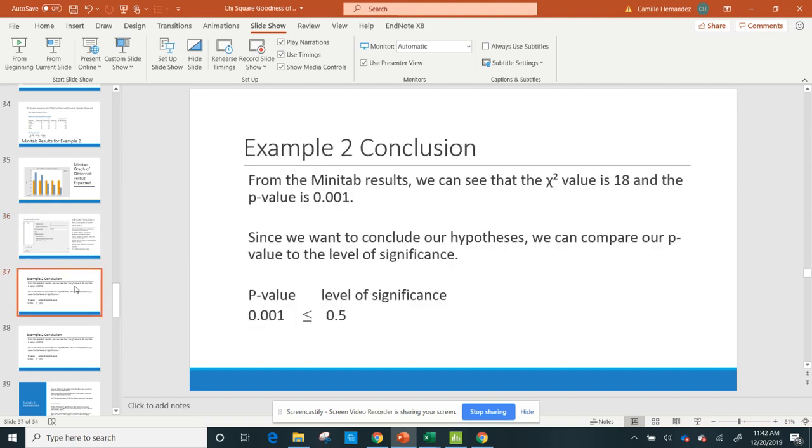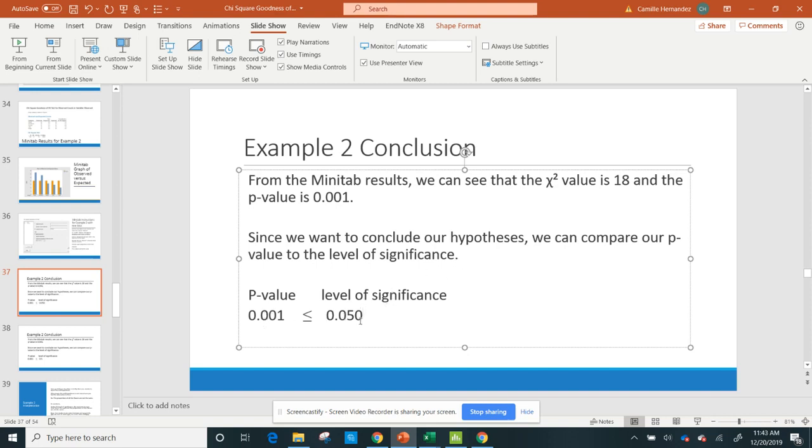So the conclusion. From the Minitab results, we see that the chi-squared value is 18 and the p-value is 0.001. So again, I need to put my level of significance in correctly because I had a typo in the last one. Okay, so 0.001 is less than or equal to 0.05. Again, if the decimals are throwing you off, make your decimals equal to each other.